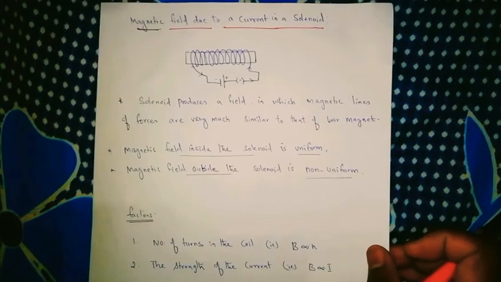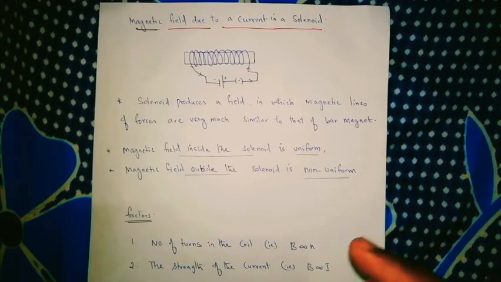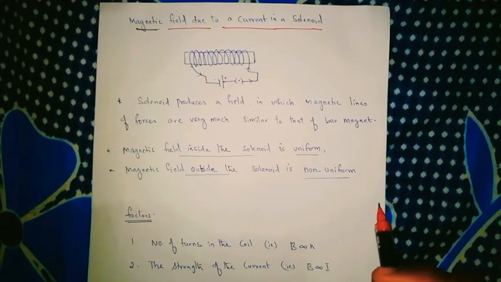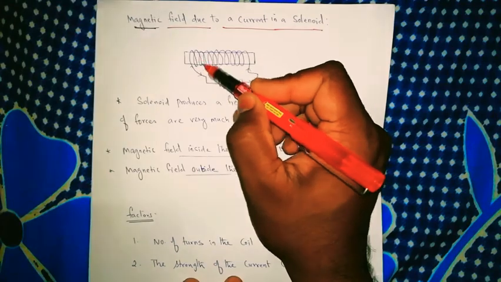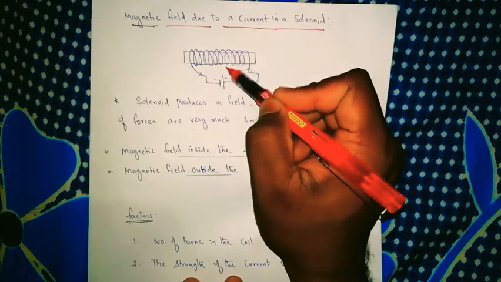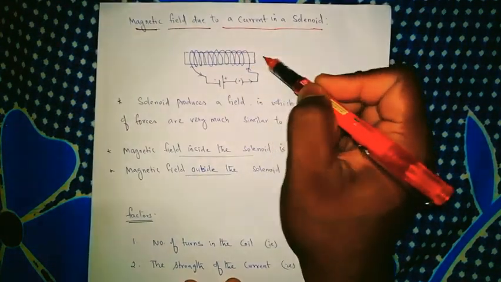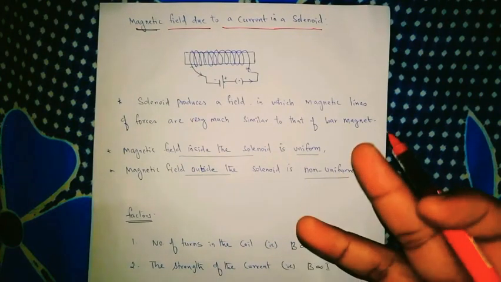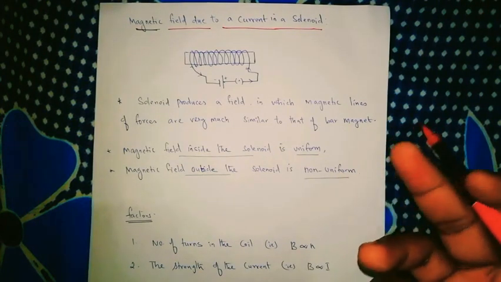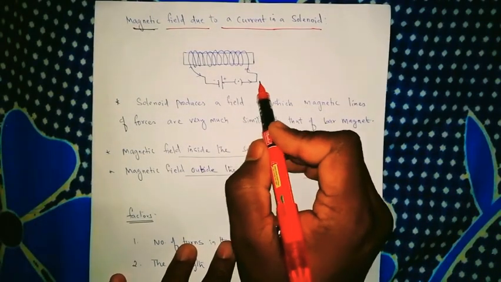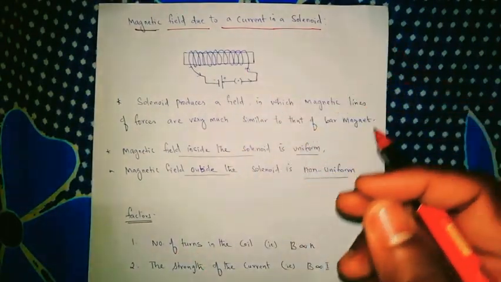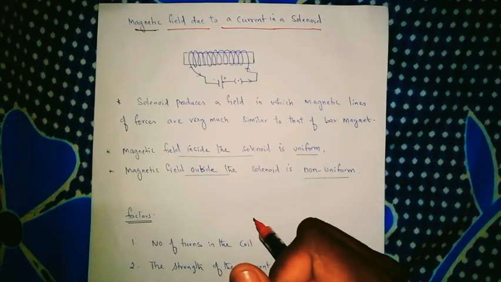Understood? And the last thing, the magnetic field due to the current in a solenoid. For example, if I have a number of turns of coil wound on any kind of metallic or non-metallic substance, and we pass electricity, how does this produce magnetic lines?